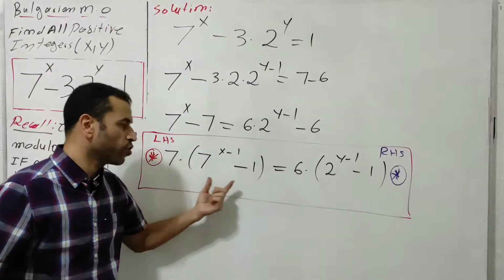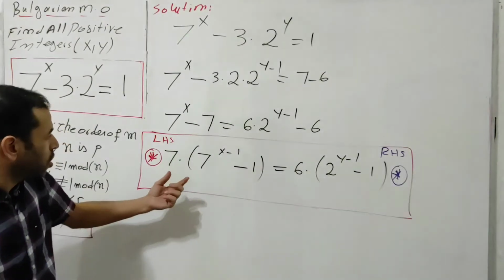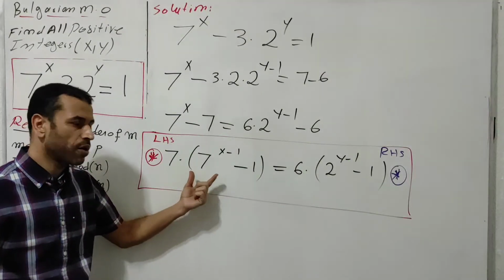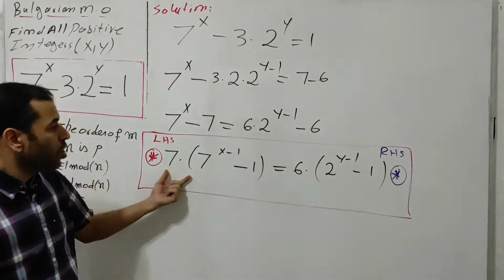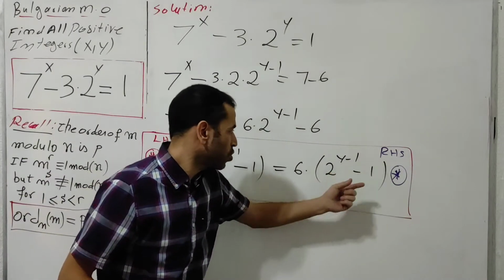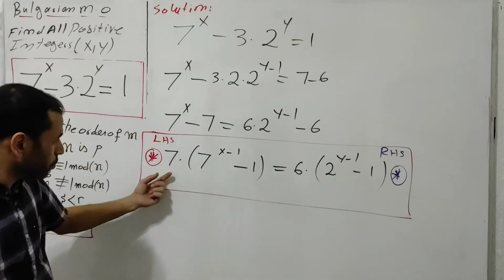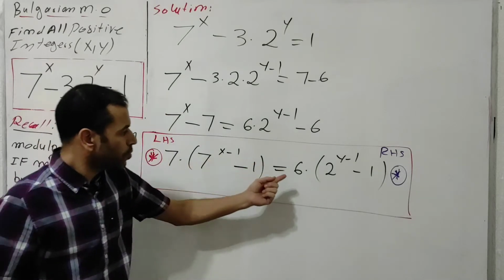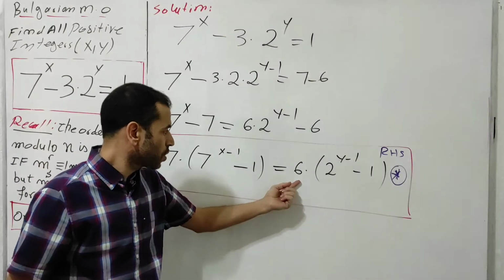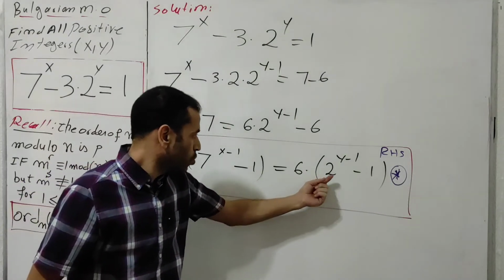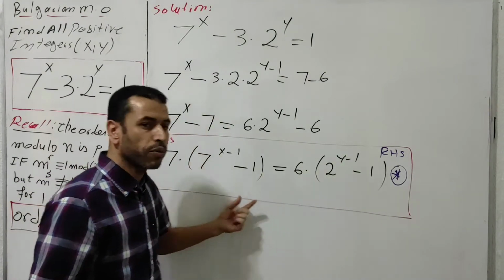If you take a look carefully at both sides of this equation, the left-hand side of this equation is a multiple of 7. Also the right-hand side of this equation is a multiple of 7 because we have equality. Okay, but 7 is not a multiple of 6. That means 2 to the y minus 1, minus 1 is a multiple of 7.